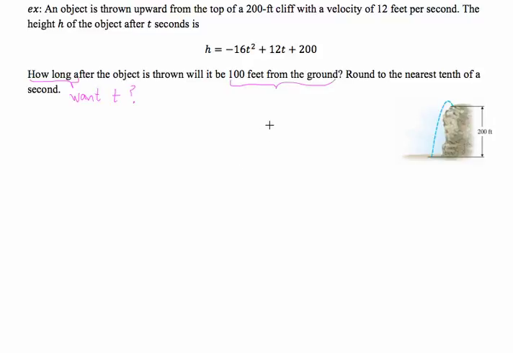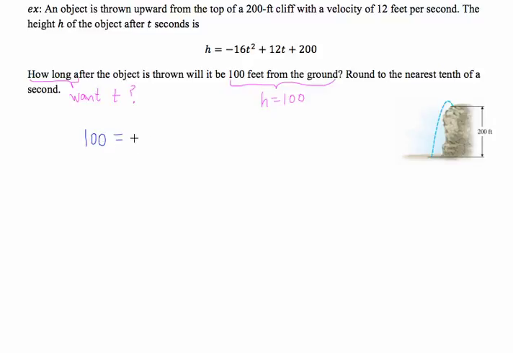If something is 100 feet from the ground, then in terms of these variables, that means its height above the ground is 100, which means h is 100, because h is height above the ground. So when is its height 100? That's what we want to know. So we can plug in 100 for h and solve for t.